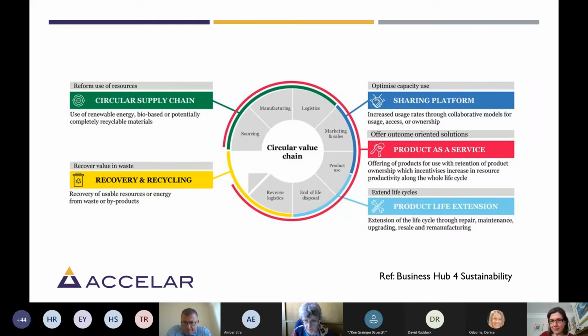So sharing platforms, these can be both commercial and socially based. An example of a commercially based one would be Triotech, where you can hire and lease tech equipment, cameras, VR equipment, gaming equipment, and you can just use that and pay for it as long as you want it, and then send it back.